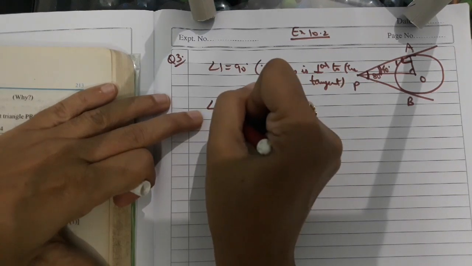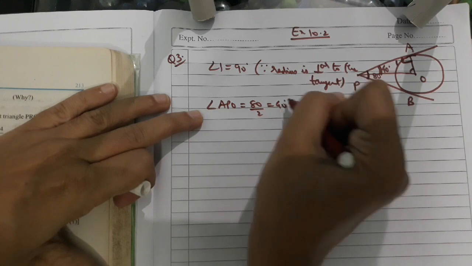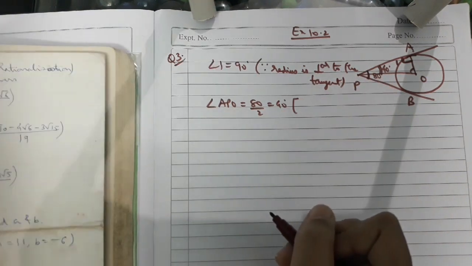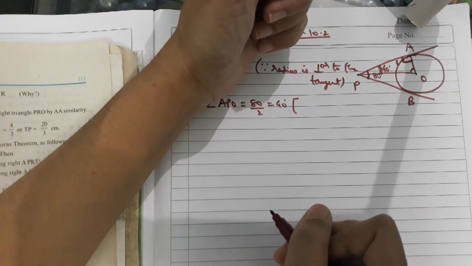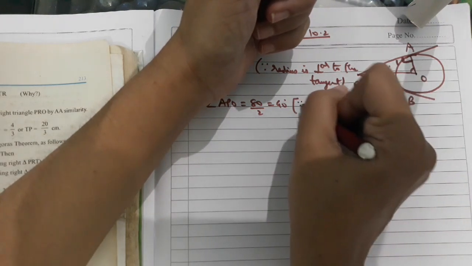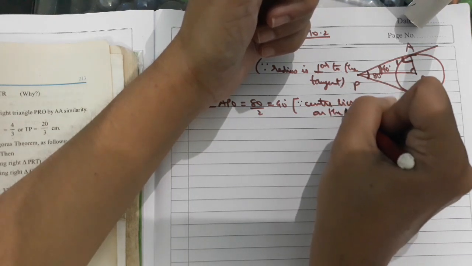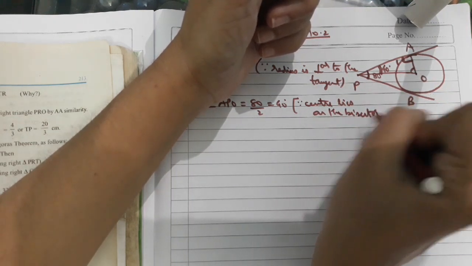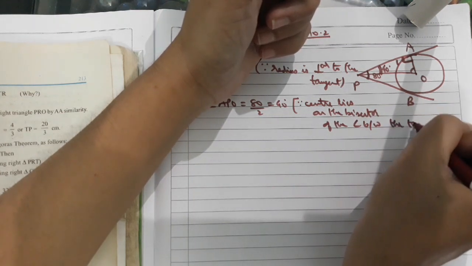That is, angle APO would be half of this. And what is the reason? Because the center lies on the bisector of the angle between the tangents.